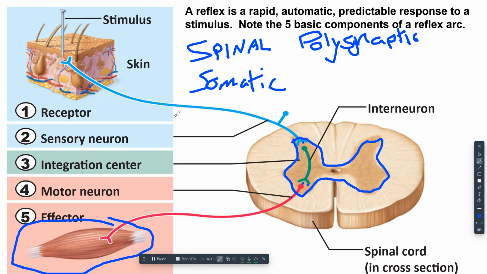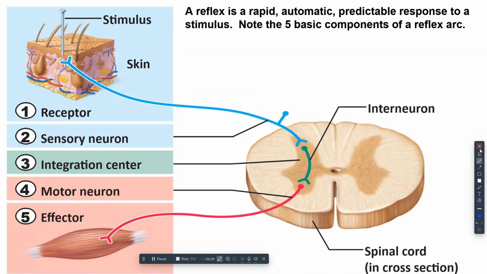Then finally, notice that the stimulus, sensory neuron going in, and motor neuron going out to the effector, it's all on the same side here. So because it's all on the same side, this would be considered an ipsilateral reflex. Okay, good job on that. Hopefully that made sense to you.